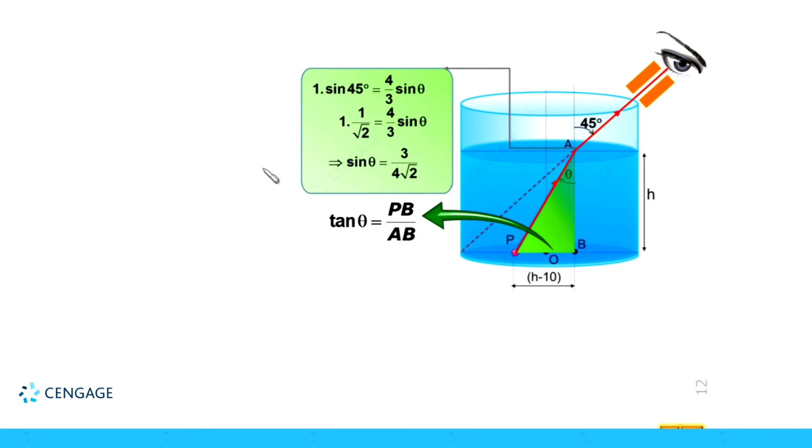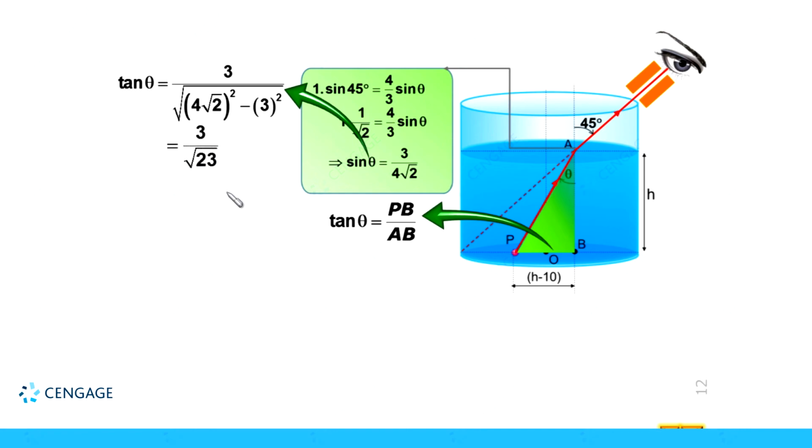We can write tan theta equal to 3 divided by root of (4 root 2) square minus 3 square. After solving, we get the value of tan theta equal to 3 divided by root 23. Correct? Now we got the value of tan theta from this Snell's law relation.